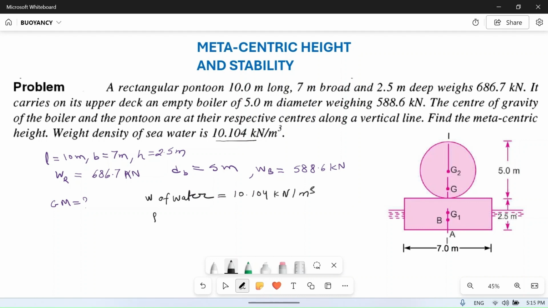So what is W? W is actually rho into g. Okay, this is called weight density. Rho is density and g is acceleration due to gravity.